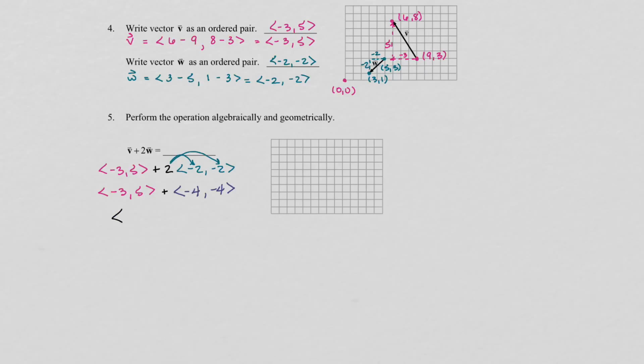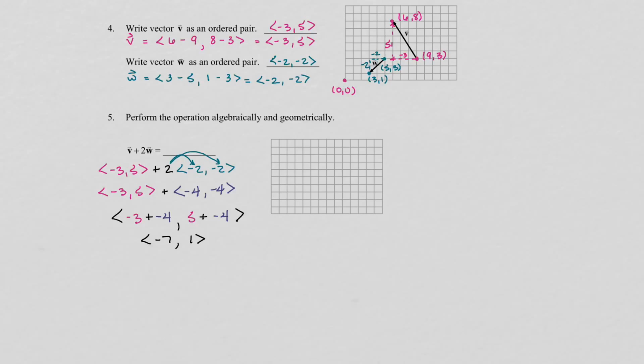So this is negative 3 plus negative 4, and then 5 plus negative 4. And what that gives us is negative 7, 1.